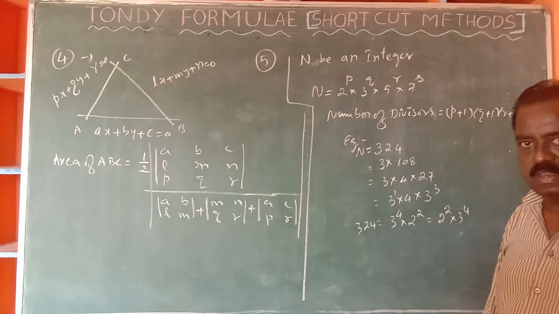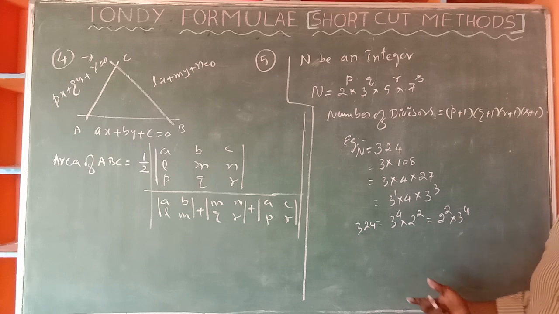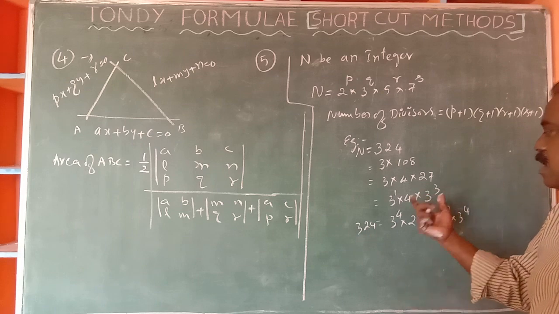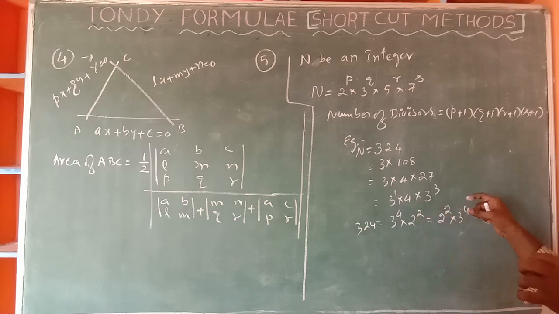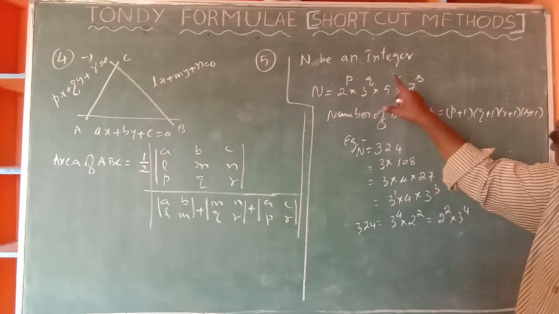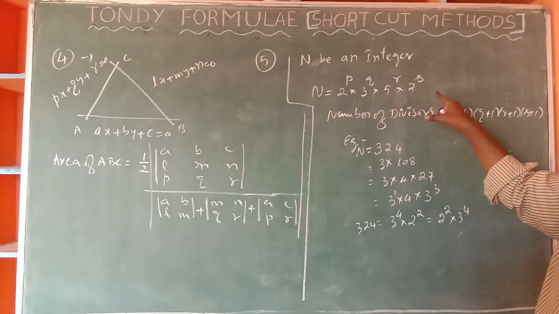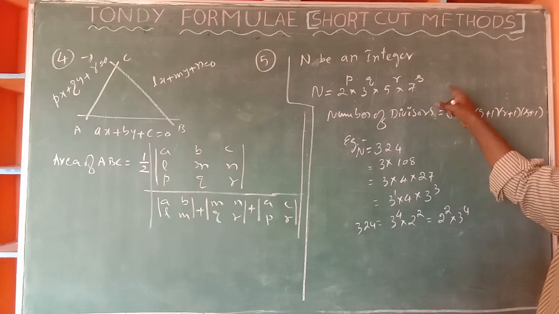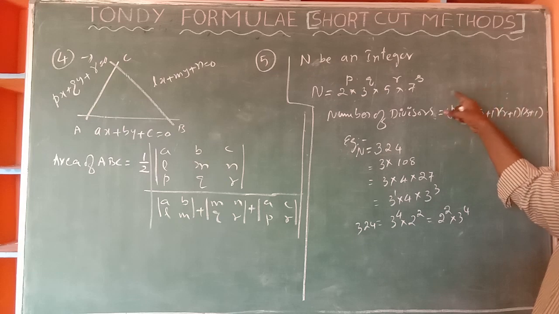324 is a number, a given integer. Whatever it may be, a 3-digit number, 5-digit number, 10-digit number, any integer can be expressed in the simplest powers of prime numbers: 2, 3, not 4, 5, 7, not 8, 9, 10, next 11, and then 13, 17, like this it is going.